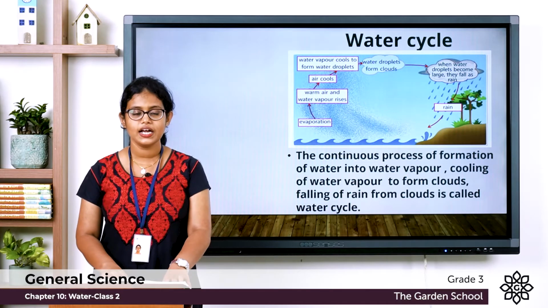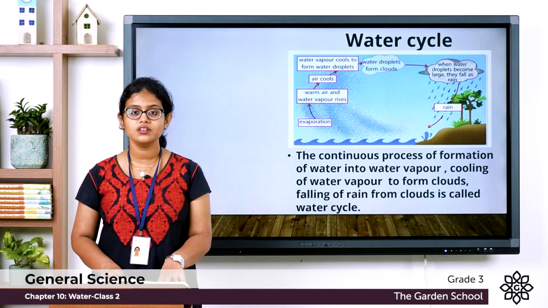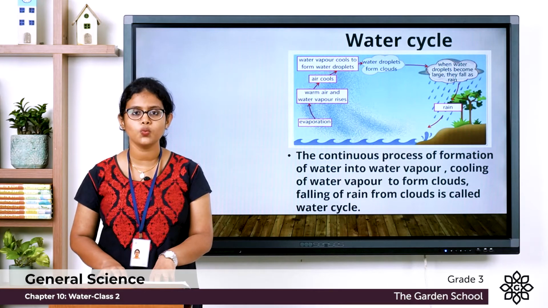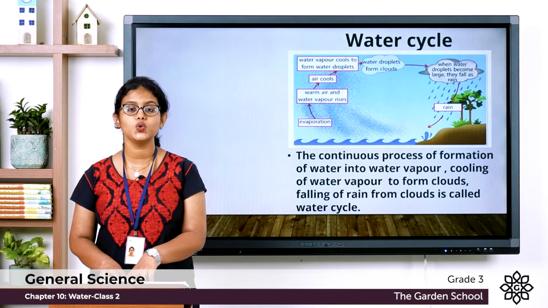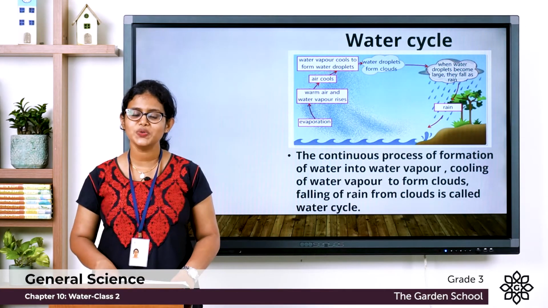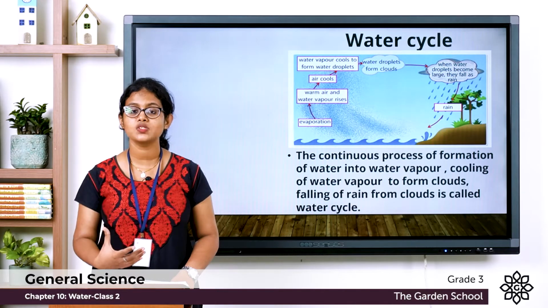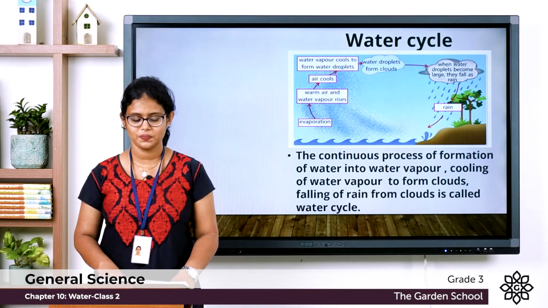Then there's a box given, Life Skills. Remember, rainwater is pure water. It can be collected, stored and used for many household purposes, like washing vessels, etc.